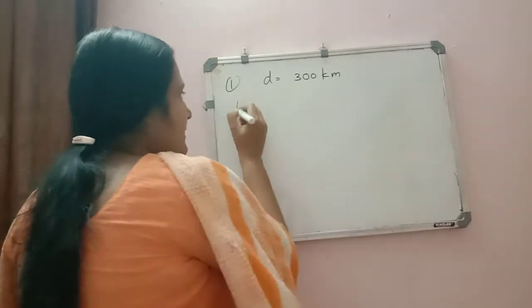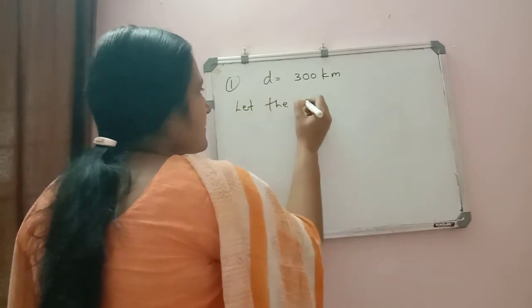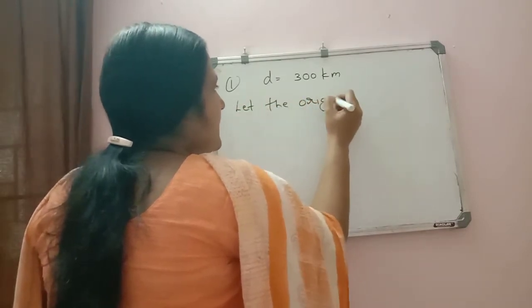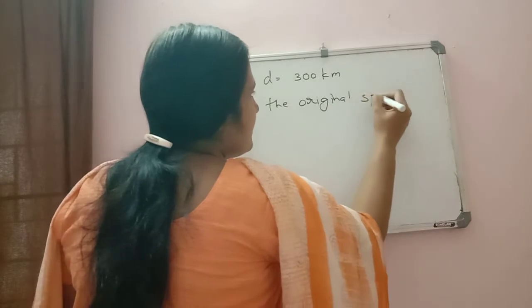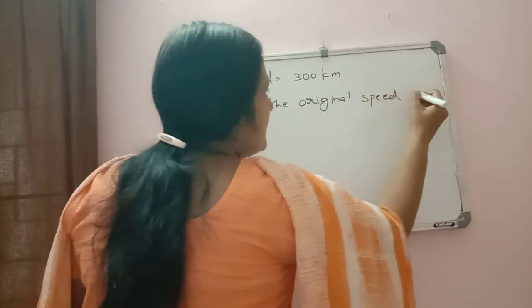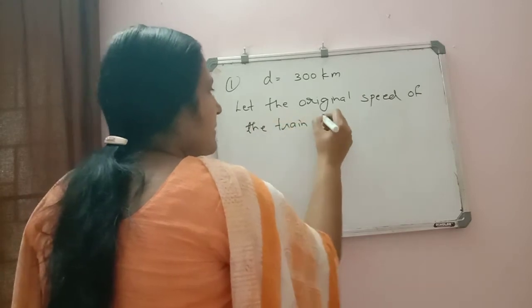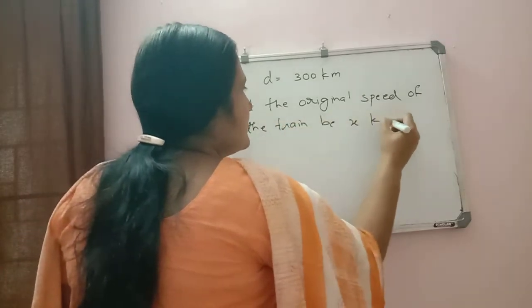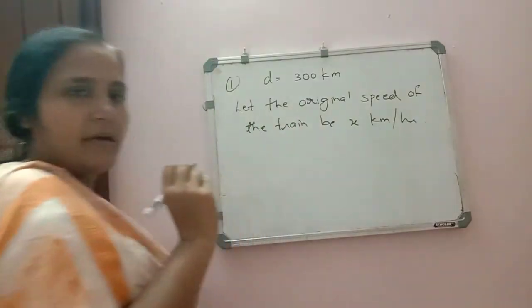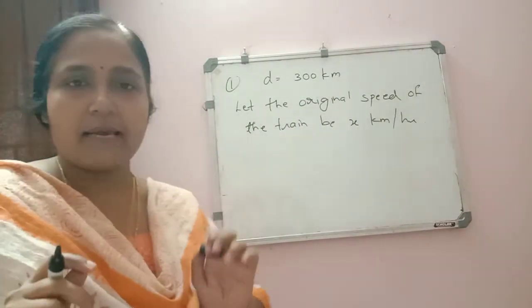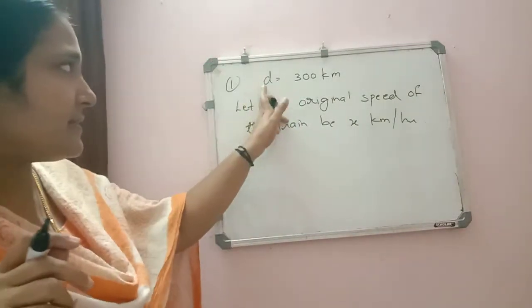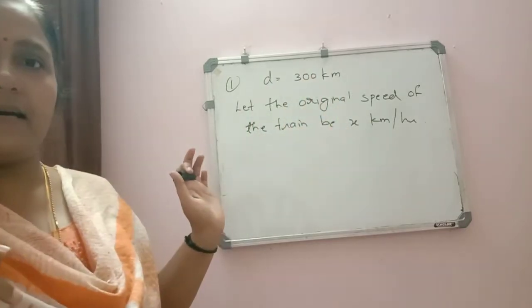So we'll write: let the original speed of the train be x kilometer per hour. Original speed is x kilometer per hour and distance covered is 300 kilometer.